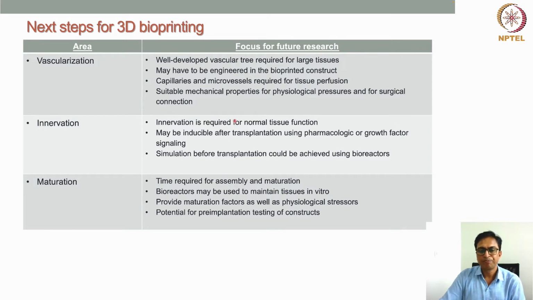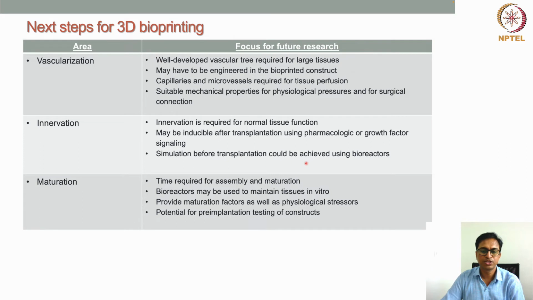So one strategy to tackle this issue is to use agents by which the nervous tissue can grow after the bioprinting.